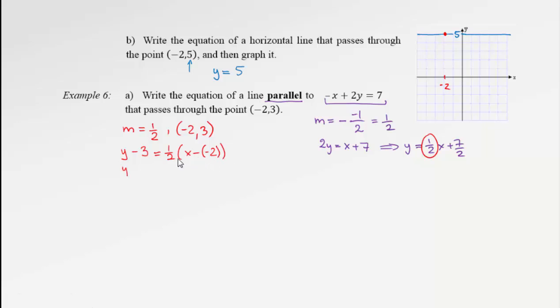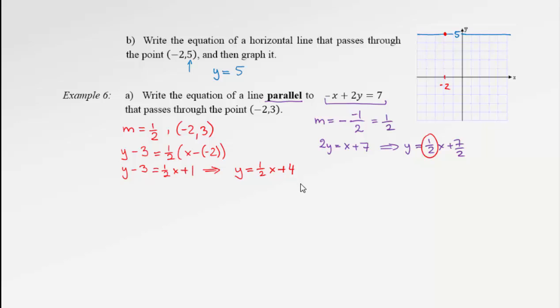Now, to simplify this, we multiply through 1/2. So it's 1/2 x plus 2 times 1/2 is 1, so plus 1. And to get the final answer, we just bring the 3 over to the right. So our final equation in slope-intercept form is 1/2 x plus 1 and plus 3 is plus 4. Okay, so that's our answer in slope-intercept form.